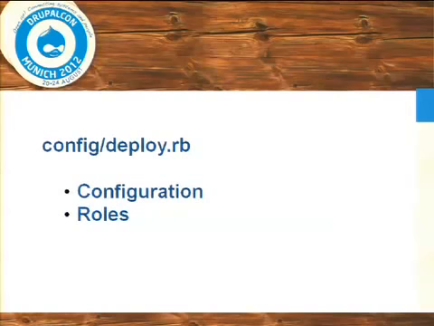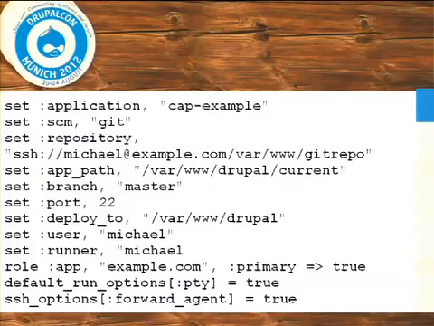Okay, so this is where, as I said, you keep your configuration and you can set up some roles in there. So this is an example. We're setting our application, which is basically the directory that it lives in, or for the most part.